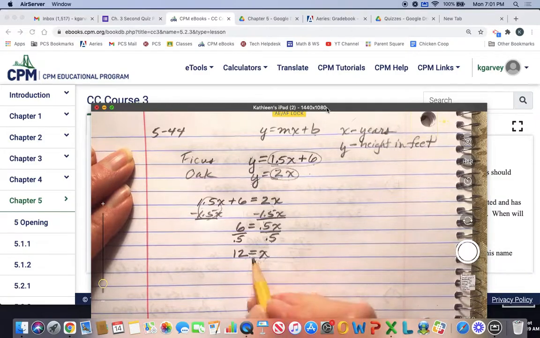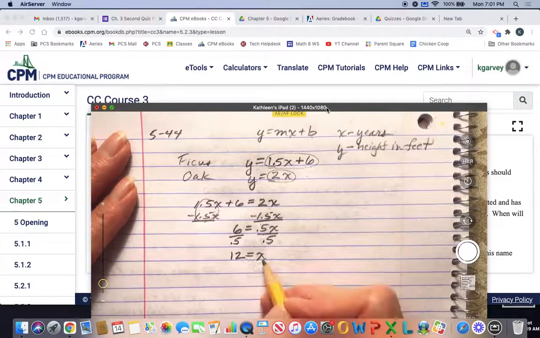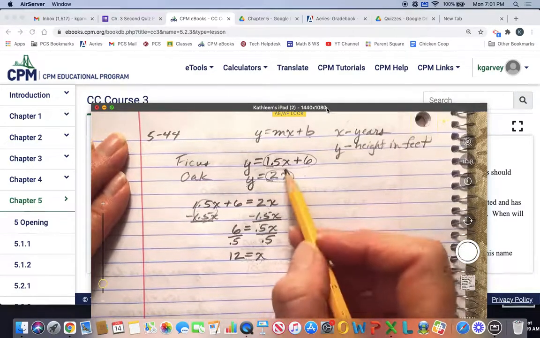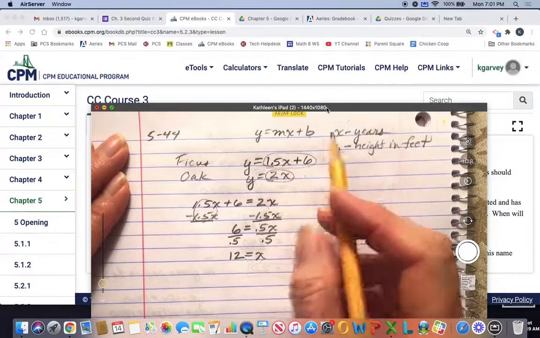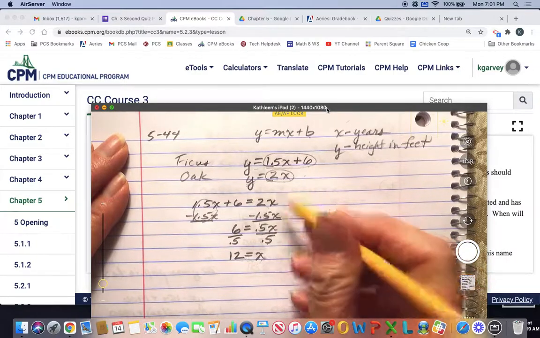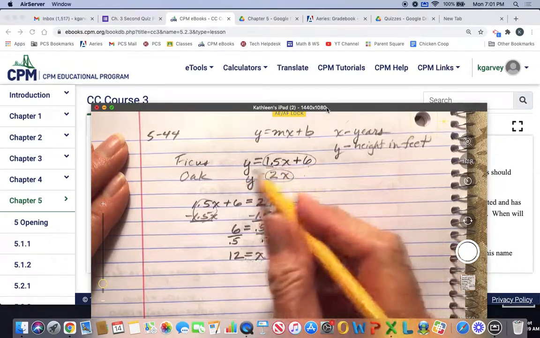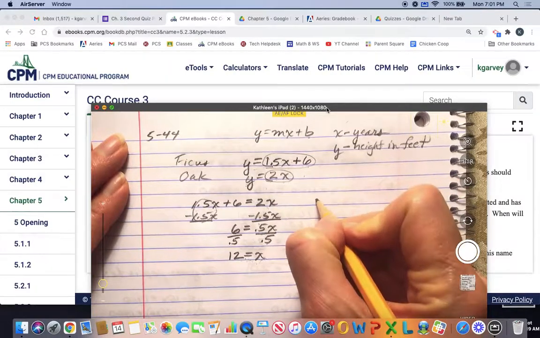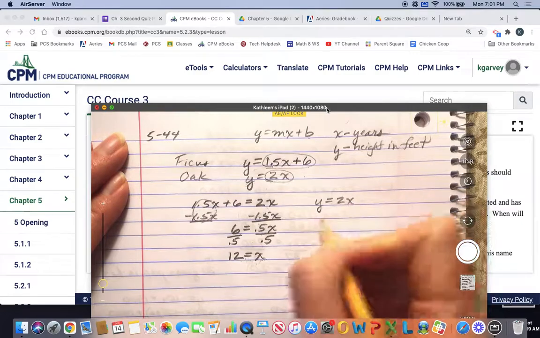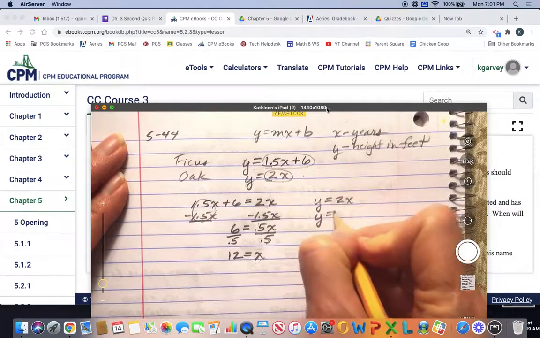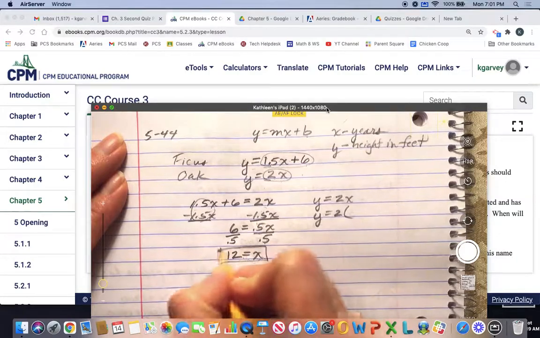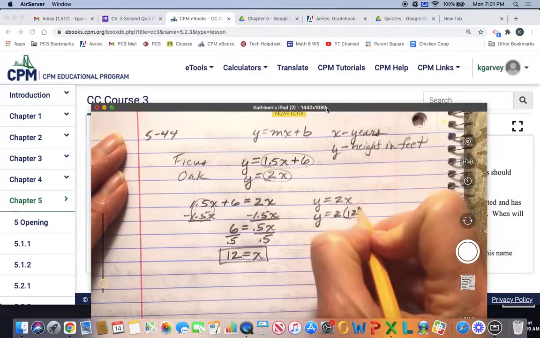But what is that height? Now we are going to find out what the height is. And I'm looking at these 2 equations, and the easiest one for us to calculate once we put in a value for x is going to be this one. So I'm going to use that equation, y equals 2x, and I'm just going to replace the x with our value right here, which is 12.